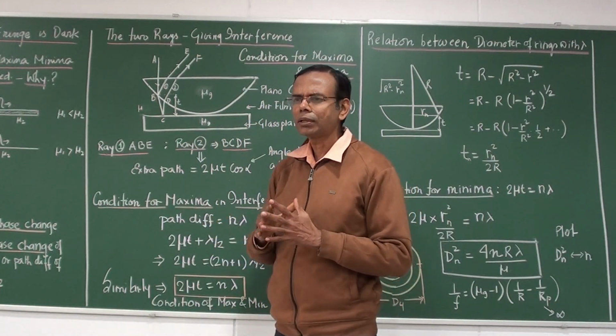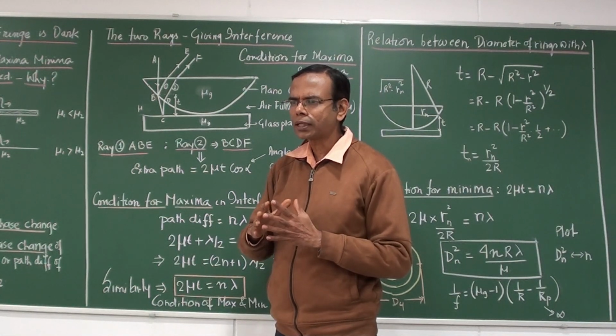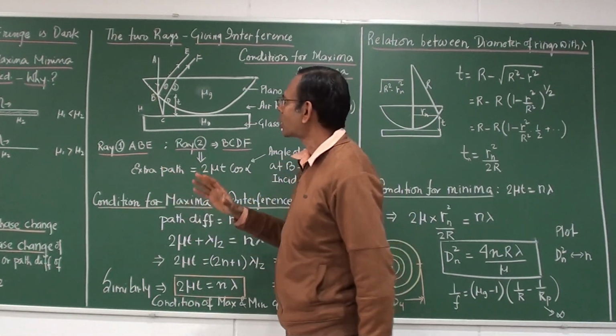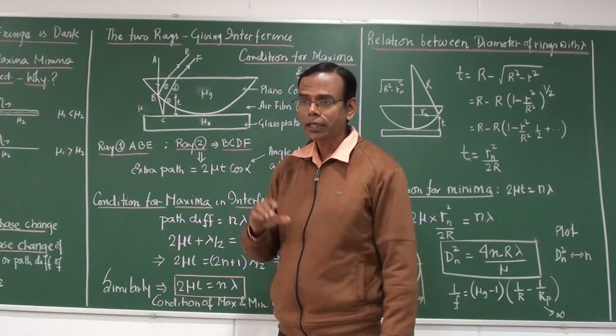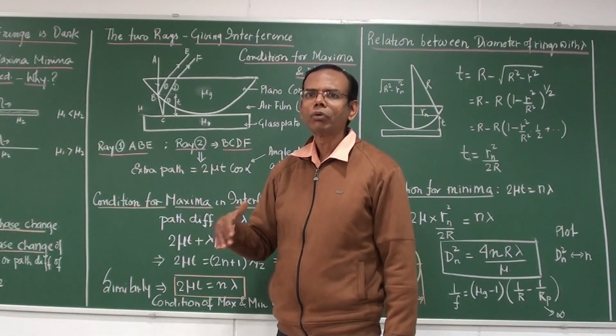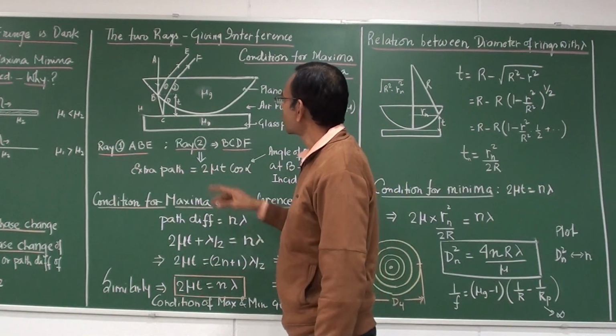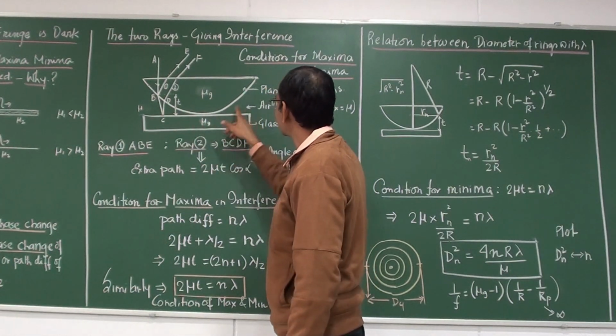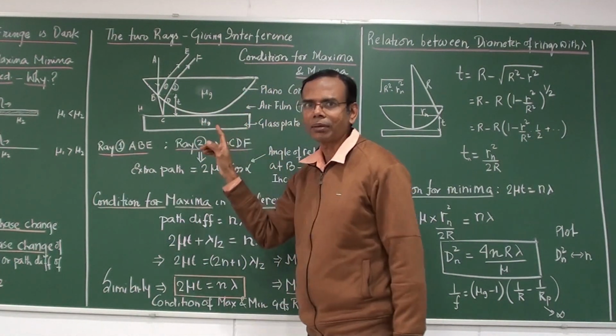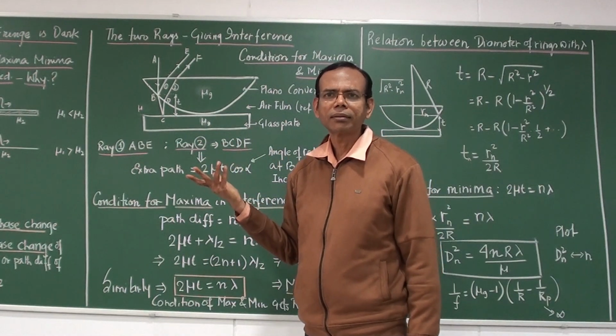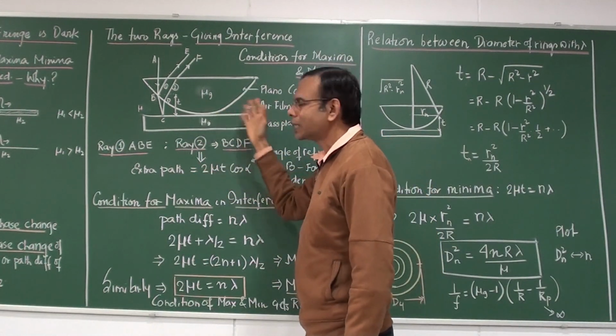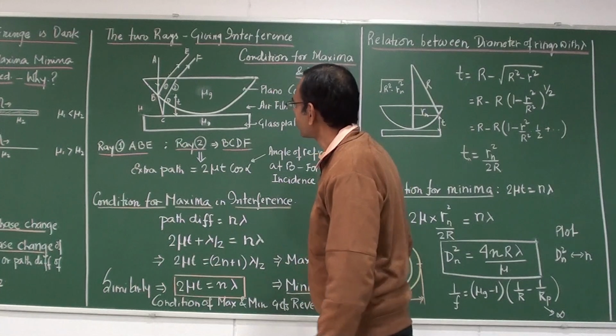Otherwise, if the distance is too much, we will not see the interference fringes. It has to be of the order of the wavelength of light. So this particular film is a thin air film. Now it can have any other material, such as a liquid.